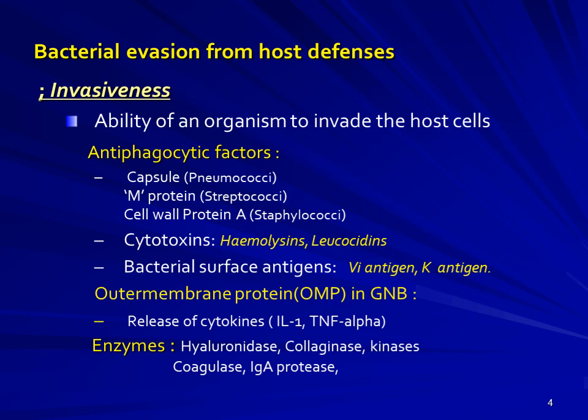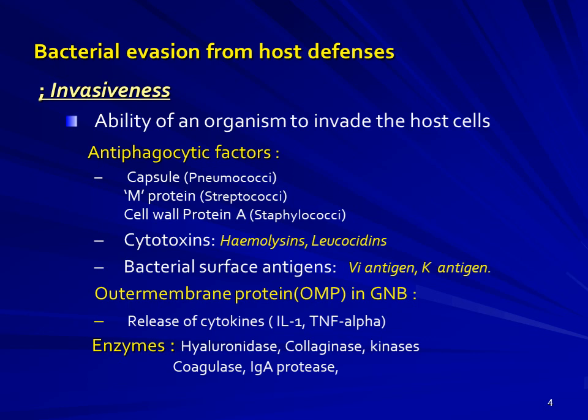The first one to be discussed is antiphagocytic factors, that means the agents responsible for antiphagocytic activity. They are microbial agents not amenable to phagocytosis, thereby they can invade the host cells.